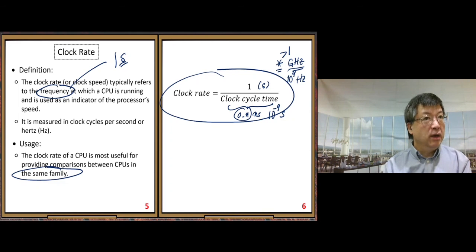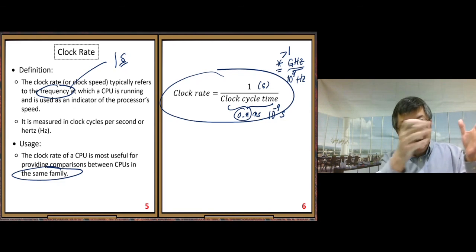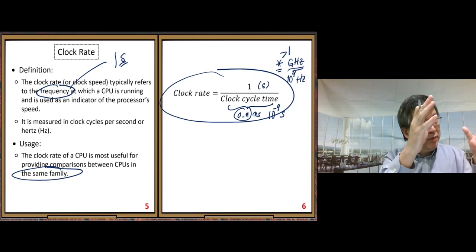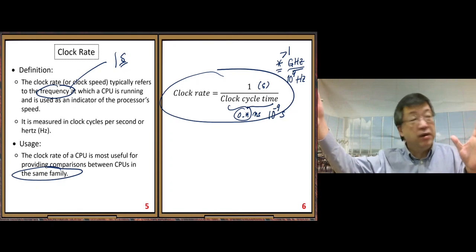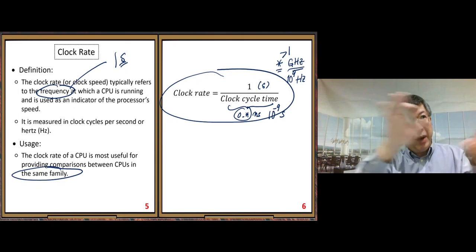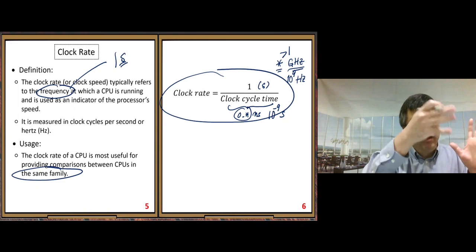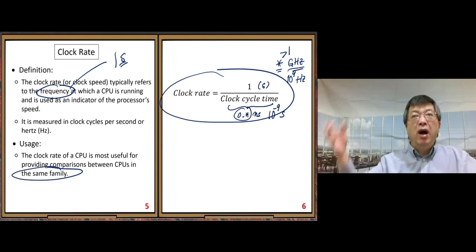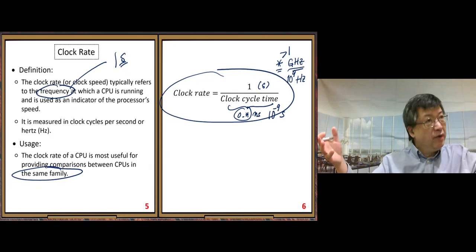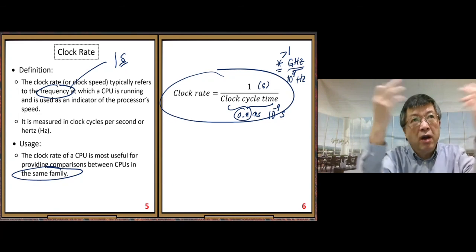Same family means the same type of CPU evolving across different generations, so the basics are the same but the improvement is reflected in the clock rate. For different types of CPUs, looking only at the clock rate number is not a fair comparison.